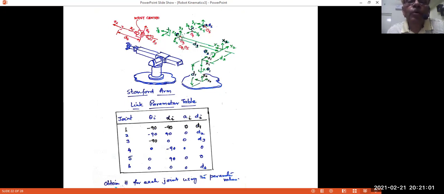This is my O3, X3, Y3, and Z3 with respect to X0, Y0, Z0. I tried to obtain that relation, the homogeneous transformation matrix. I didn't extend right up to the last one. By the way, from the wrist center to the end effector, we fix one more frame here, that is O6, and that distance is again fixed, and we call that D6.